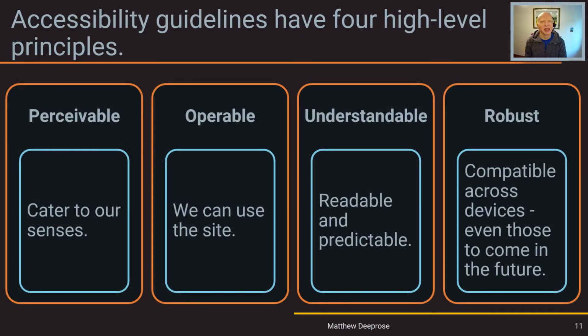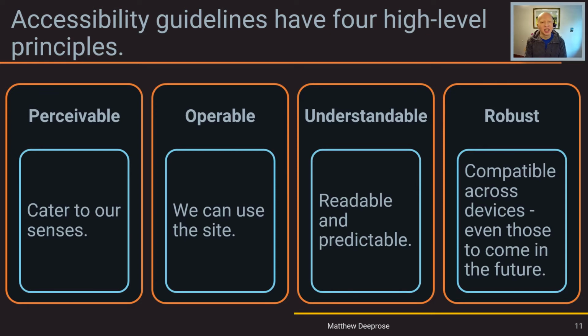The Web Content Accessibility Guidelines is a standard that helps us to know when we are succeeding in accessibility. There are more than 50 guidelines, and they're broken down into 4 sections or 4 principles. Perceivable is about catering to our senses. Information and user interface components must be presented in a way that all users can recognize and understand.